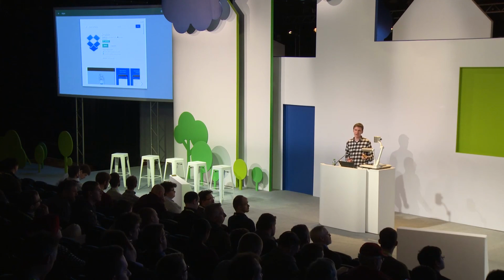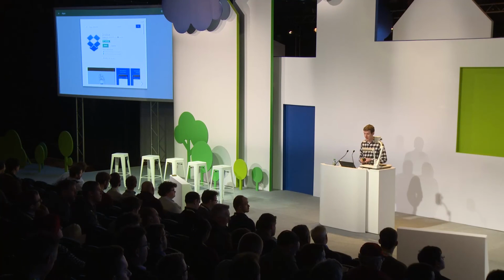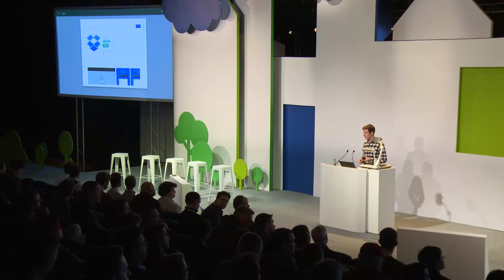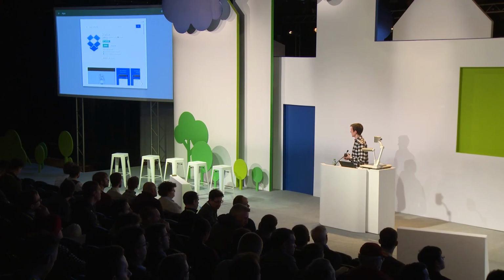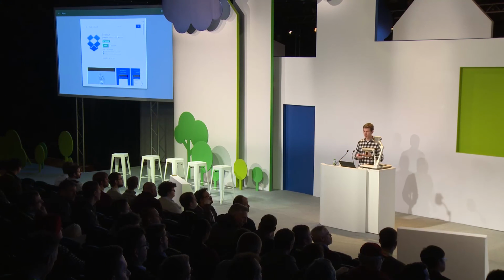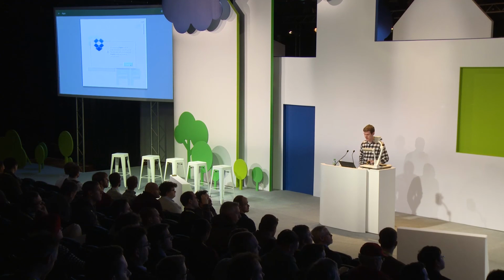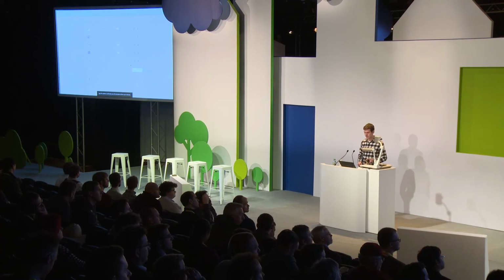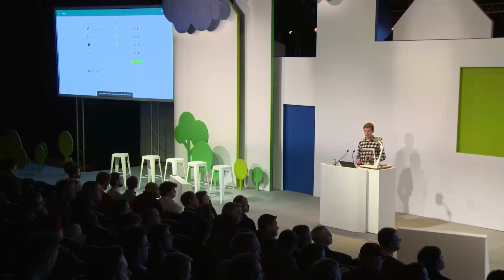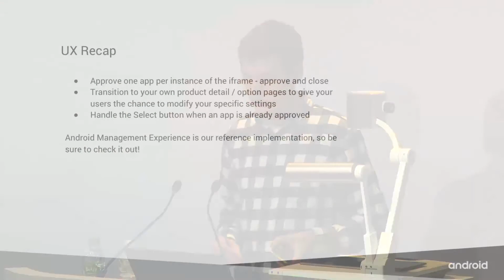This is mostly a convenience thing for admins, so they don't sort of get stuck here. And the unapprove button is probably not a thing that you need to worry about too much. Again, we update the UI when a user clicks on this, but just sort of keep that in mind that these are the three actions, and these exist in any version of the iframe.